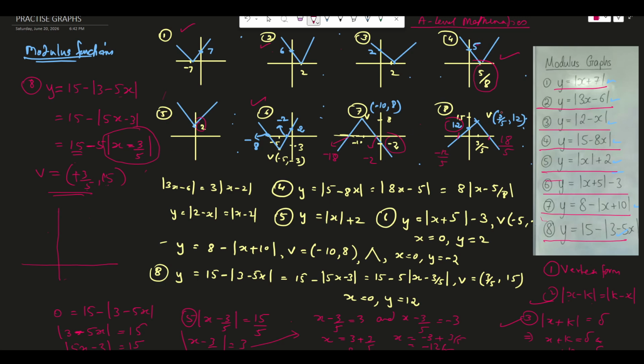So this will be the vertex, 3 by 5 and 15. This 12 is also wrong. It should be 3 by 5, 15. So the vertex will be here at 3 by 5 comma 15.